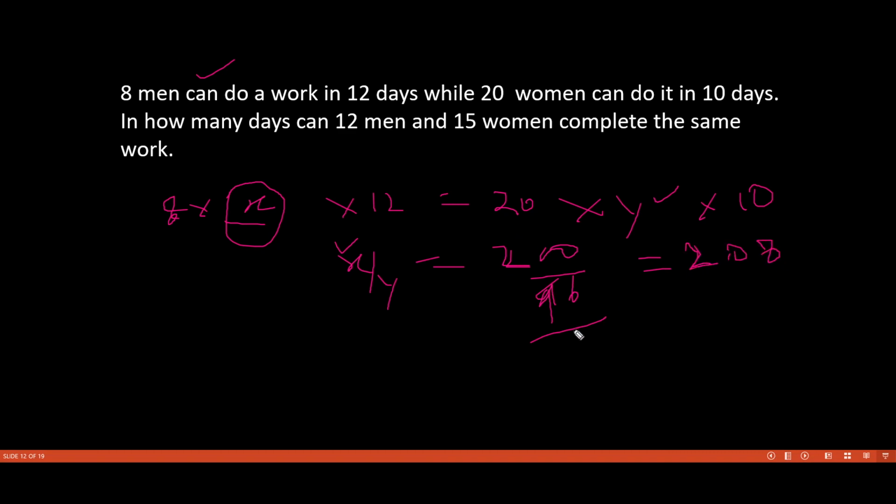So you don't have to calculate in entirety, just do some fast calculations. So let's take it as X is equal to twice the work done by a woman.